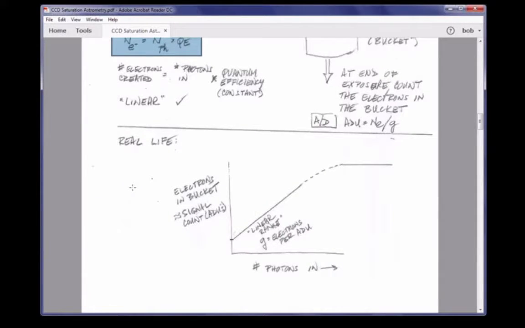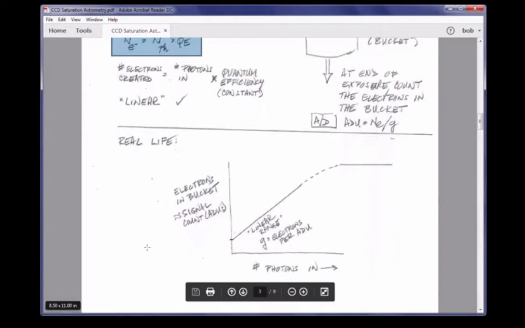Now, all that is still a little bit ideal. Real life. If I did the experiment that Kaylee hinted at, let me have a plain white screen, and I'm going to take an image of it at 1 second exposure, 2 seconds, 3 seconds, and I'm going to plot the signal, say in ADUs, on an individual pixel on the y-axis, and the exposure duration on the x-axis.